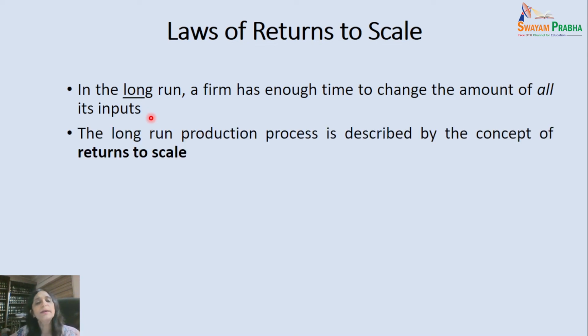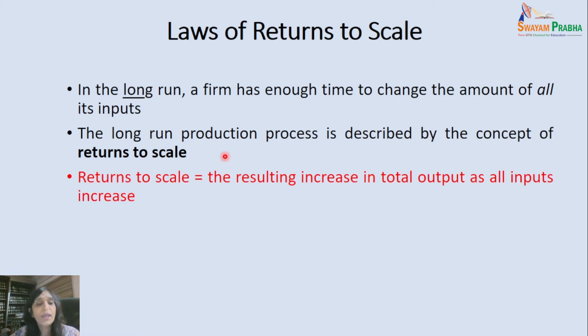So the long run production process is described by the concept of returns to scale. Basically, by understanding this, we see that because of the change in size which has happened because we are changing both the inputs, how does the output change? Returns to scale is basically the resulting increase in the total output as all inputs increase. How does my output increase?